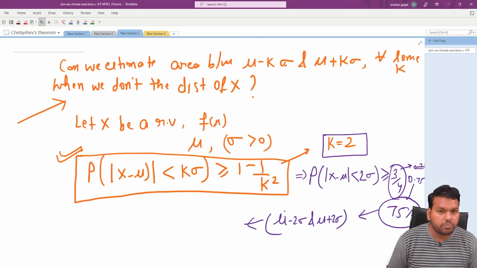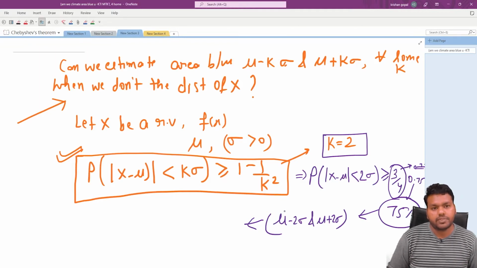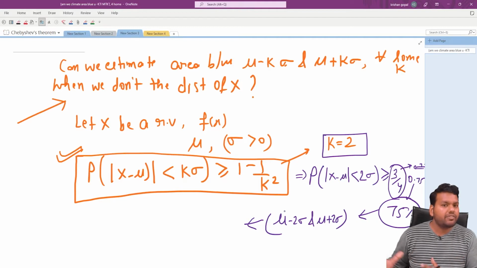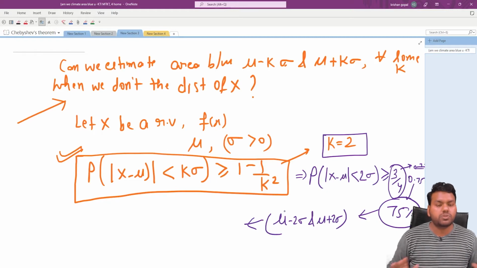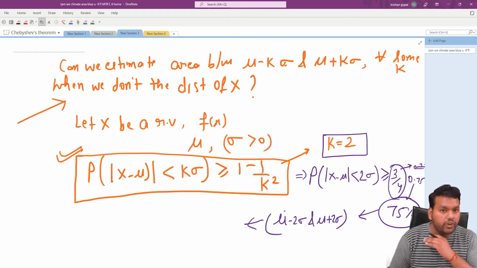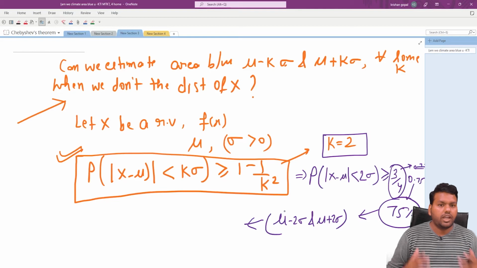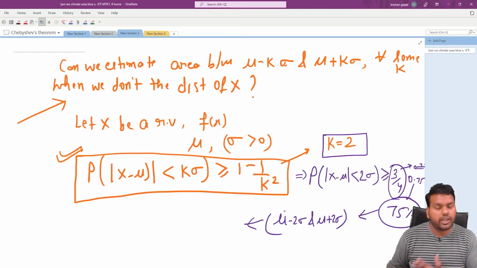Now the most important question comes here: why do we need to calculate this area? The answer is, if you know the distribution, we can easily remove the outliers. But if the distribution is not known and we do not want to make any assumption about the data, then how can we detect the outliers in that case?